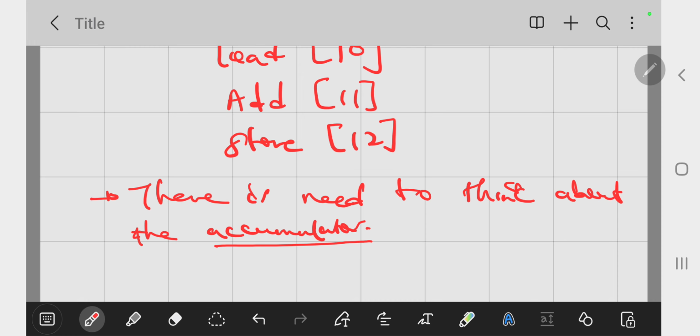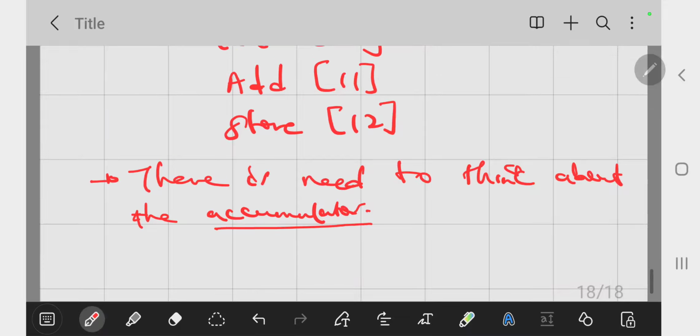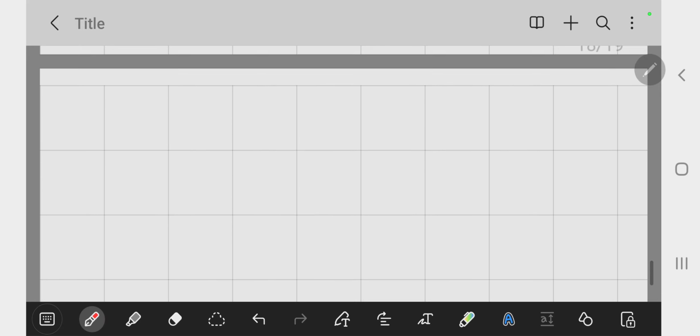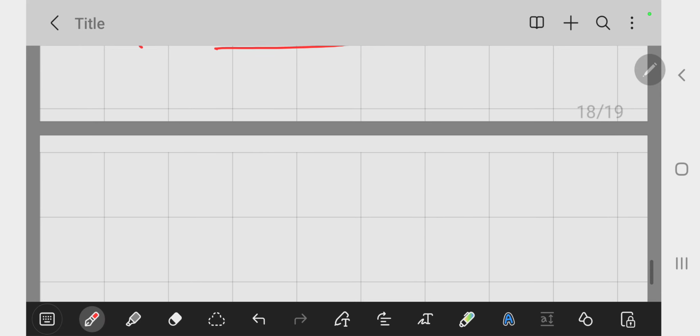But no need to worry about the accumulator because it is just another component found in the CPU. There are a lot of other components which we didn't really mention in the previous video, and the accumulator is one of them. So let's try to now understand what we mean here.